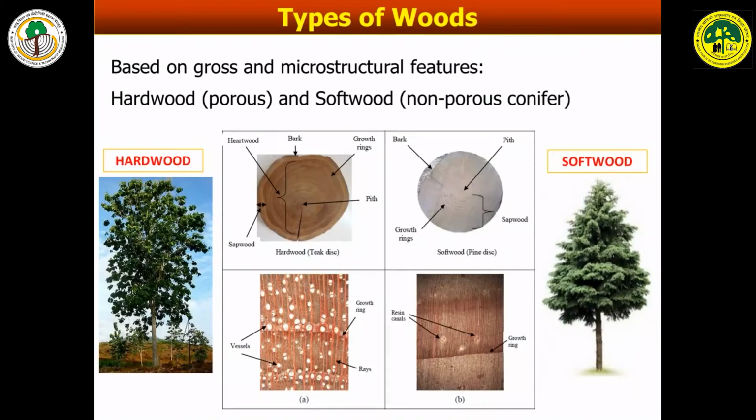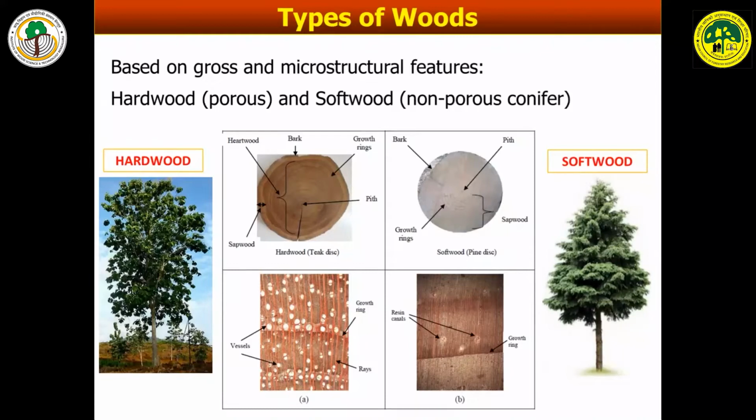Hardwoods are also called porous woods because when we see their internal structure, small pores are available. The internal structure of the hardwood is quite different from the softwood, which is non-porous, and these are also called coniferous woods.